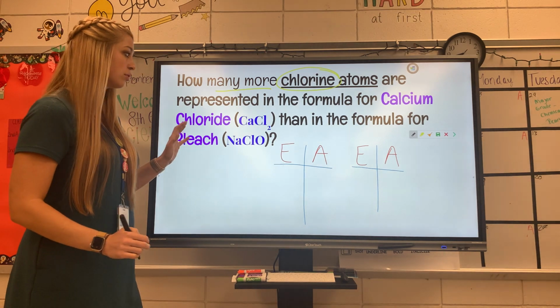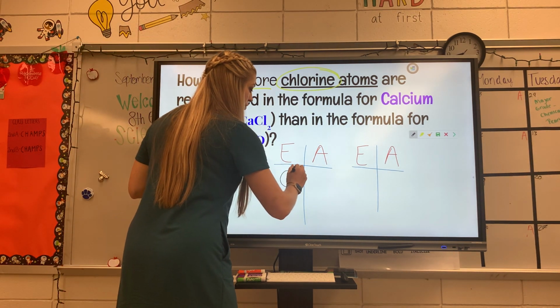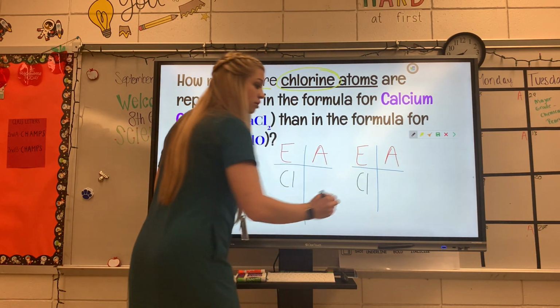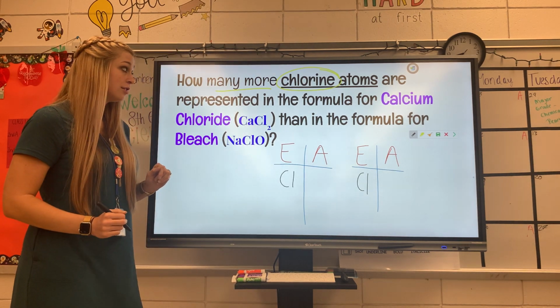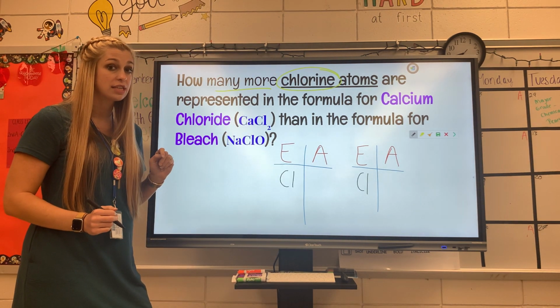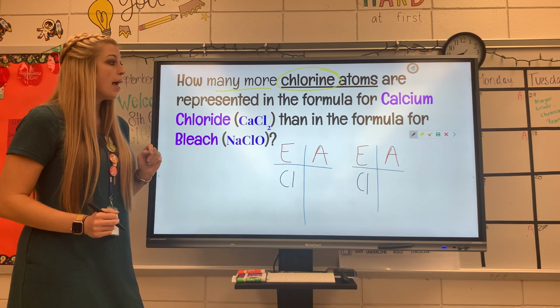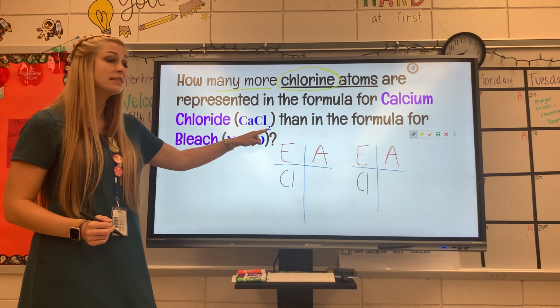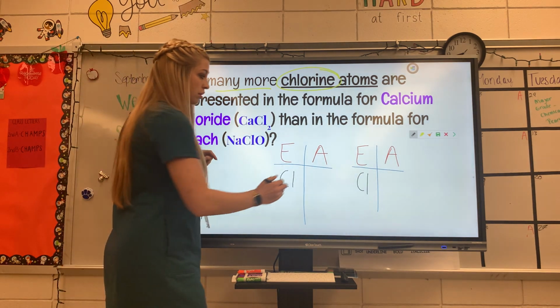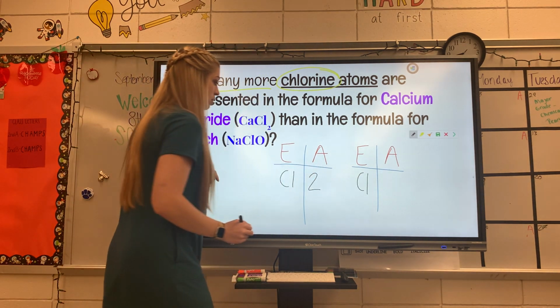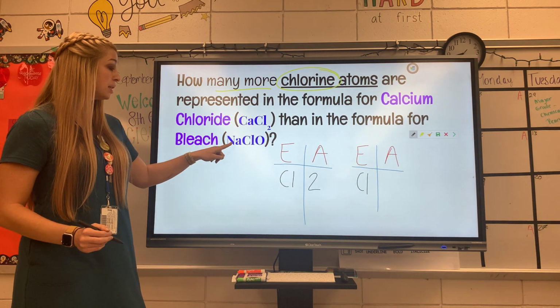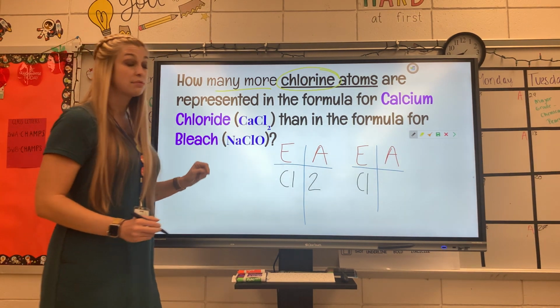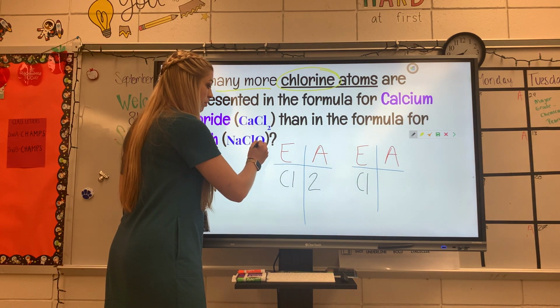Okay, so just for chlorine, I'm going to put chlorine in each of the EA charts. Chlorine is Cl. So that's a lowercase l. It goes together, Cl. And then I'm going to look. In calcium chloride, chlorine has a subscript of 2. In bleach, chlorine doesn't have a subscript, so that means it's automatically a 1.